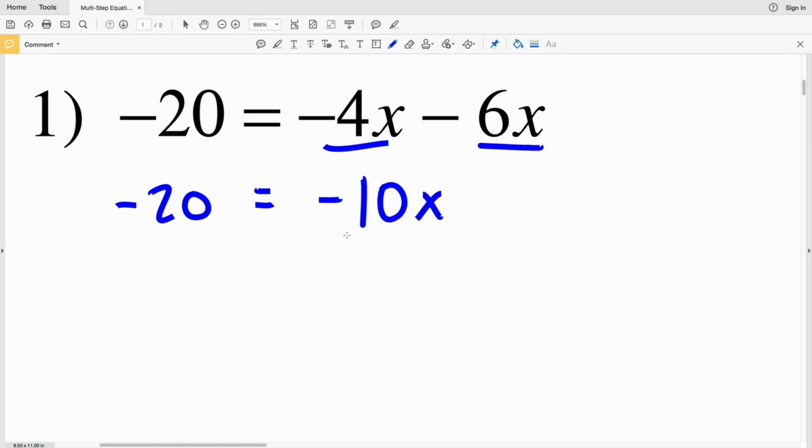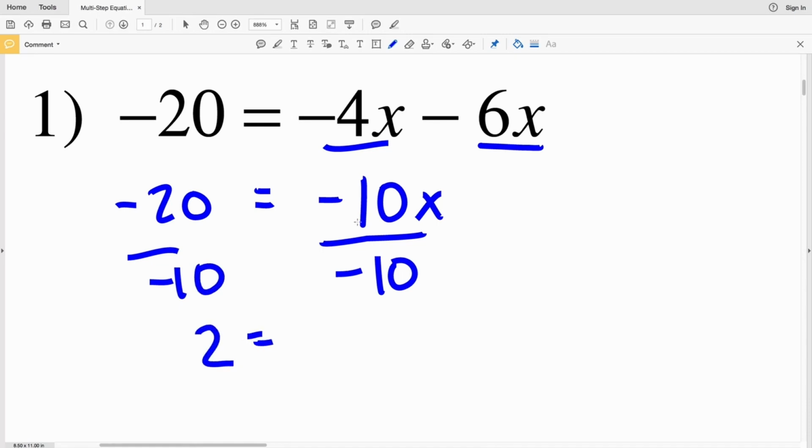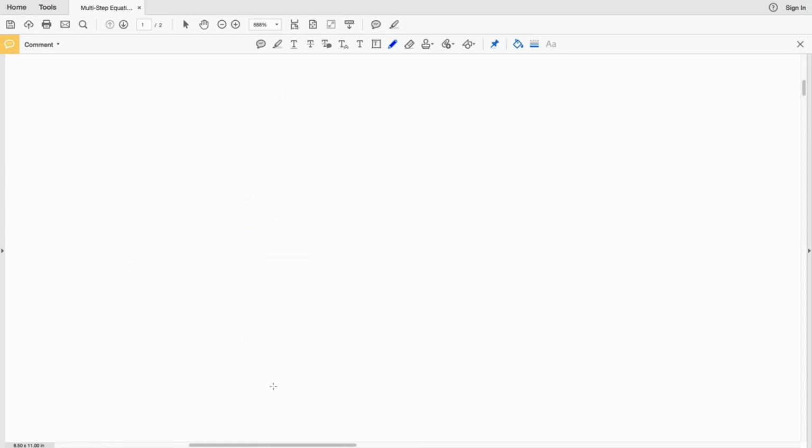Now, like a one-step equation, we divide by negative 10. Negative divided by negative is a positive, so we get 2 on the left-hand side. Negative 10 divided by negative 10 is a positive 1, and 1 times x is x. So 2 is equal to x.